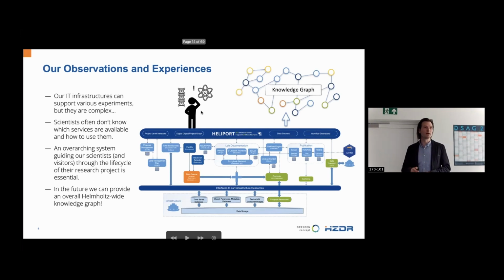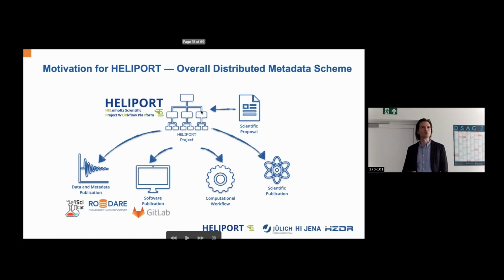And hopefully we can help our scientists to keep track of the research products and to also discover the services we provide inside HZDR. And in the future, we hopefully can provide all this information in a knowledge graph and combine our knowledge graph with different knowledge graphs around Helmholtz. That is an idea for maybe a next project, HMC, or whatever we need.